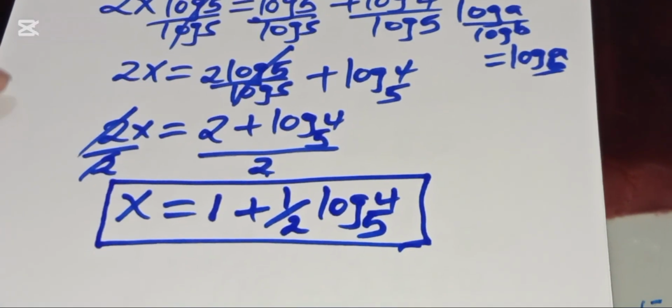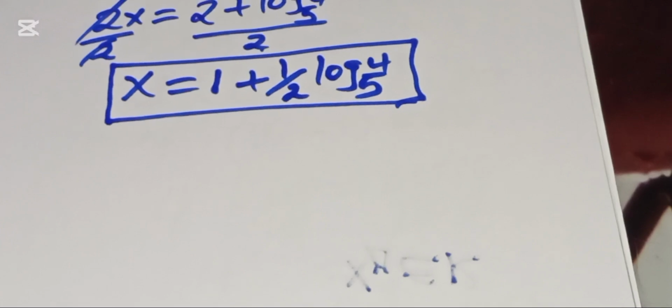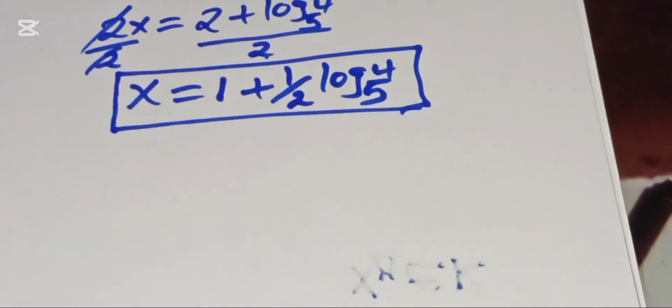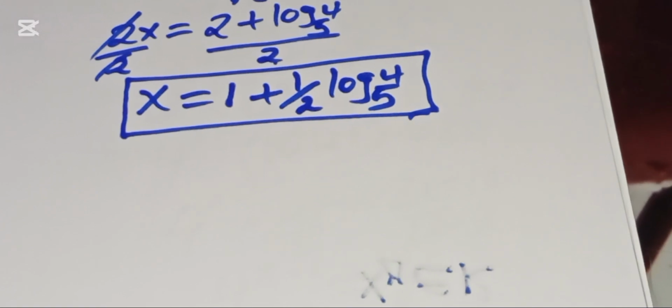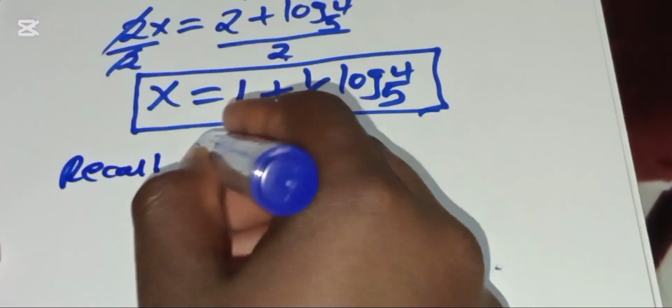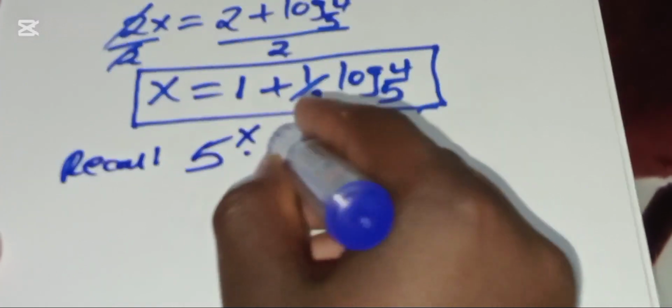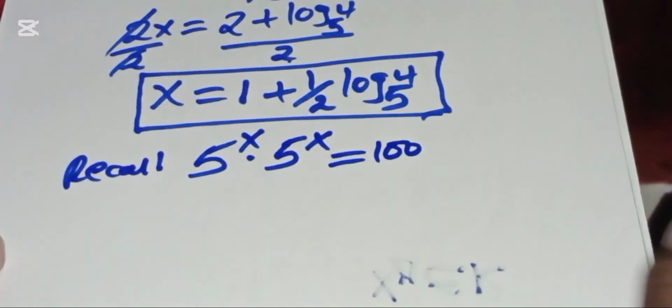So let's verify if this value of x satisfies the equation. Let's verify that this value of x, which is 1 plus a half log 4 to base 5, satisfies the equation. Now, if you recall, we ended at 5 raised to power x multiplied by 5 raised to power x. This should give us a value of 100.